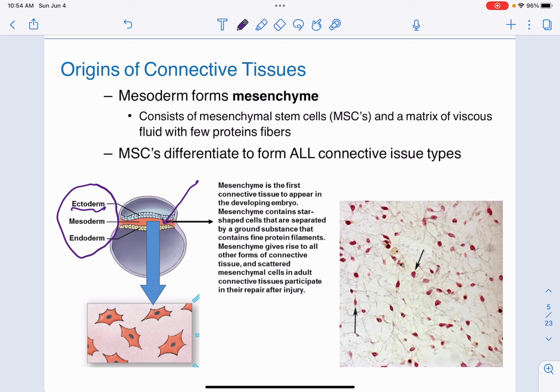And the mesoderm is going to give rise to all of the connective tissue types. It's all going to be derived from mesoderm. So a lot of things are derived from mesoderm, if you remember. So muscle, bone, and various organs all come from the mesoderm. And the mesoderm consists of a cell type called mesenchymal stem cells.